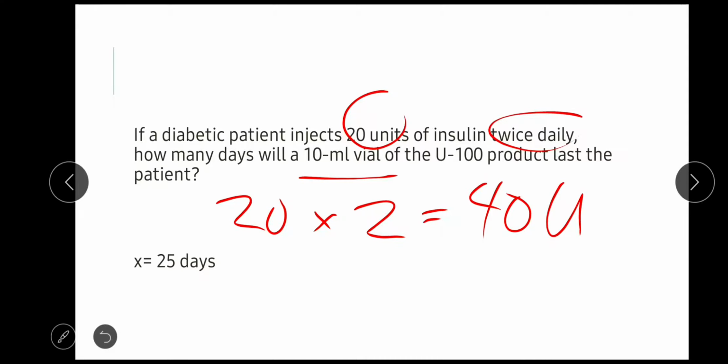The 10 ml vial is U100, so it is 100 units per ml.